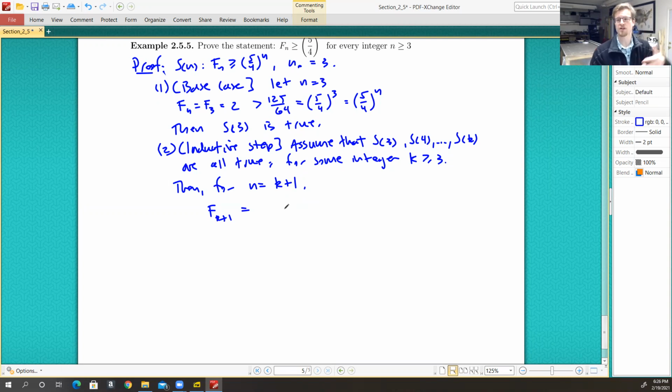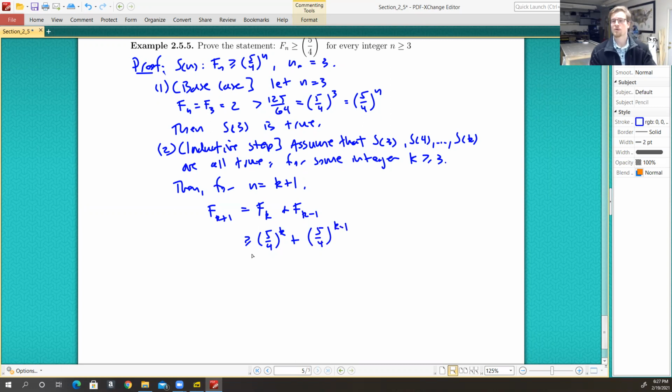So we write it in terms of previous Fibonacci numbers. So this is F sub k plus F sub k minus 1. This Fibonacci number is the sum of the two previous Fibonacci numbers. But both of these are greater than or equal to 5/4 to the respective powers.